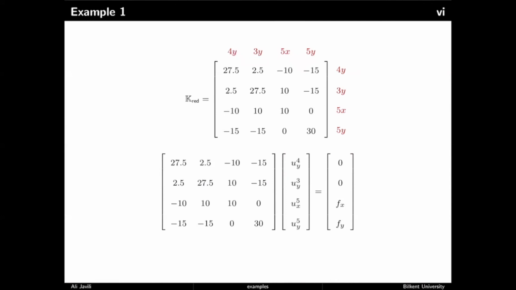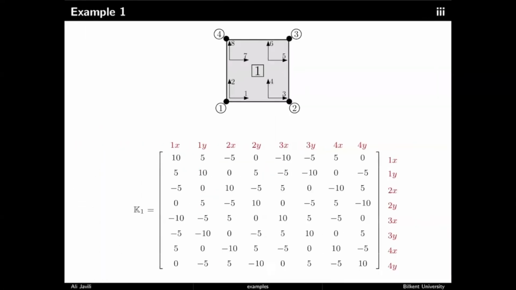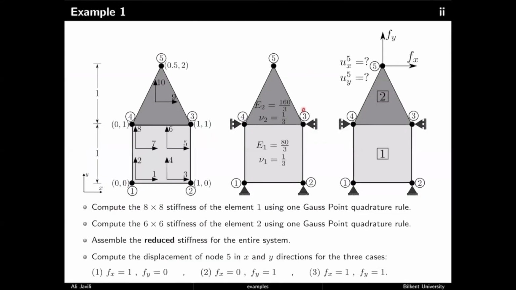All right, now you would have that Ku equals F system. Now on node 4 and node 3, what are the forces in the corresponding direction? In the y direction in this case, it's 0, right? So node 3 and node 4 are free in the y direction.